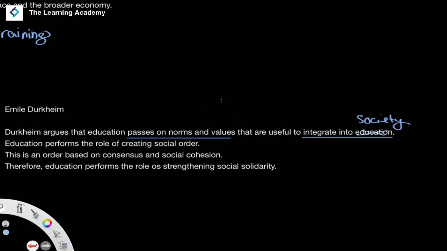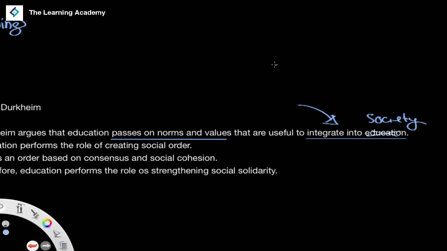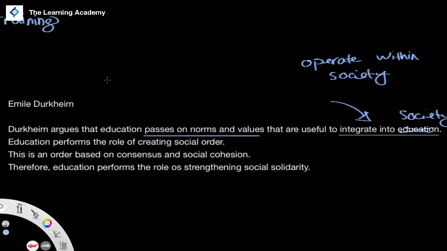So Durkheim is arguing that the norms and values that help people integrate in society and help people operate and function within society are passed on and taught through the education system.